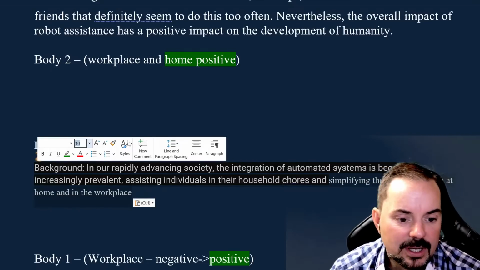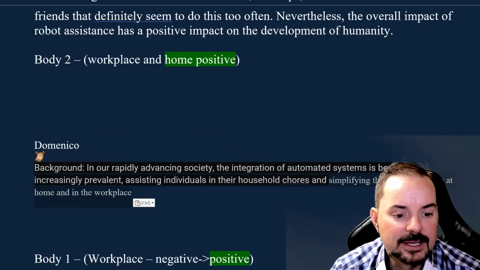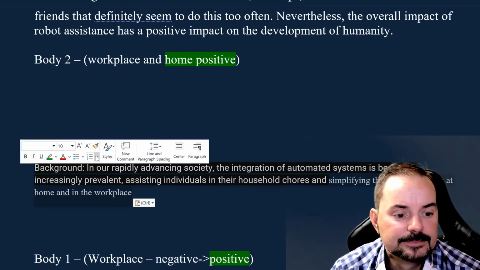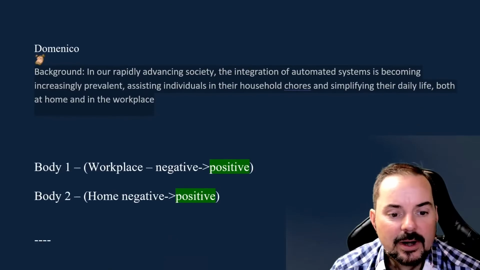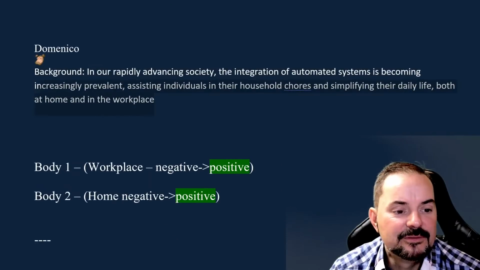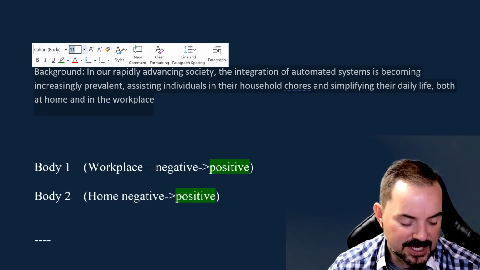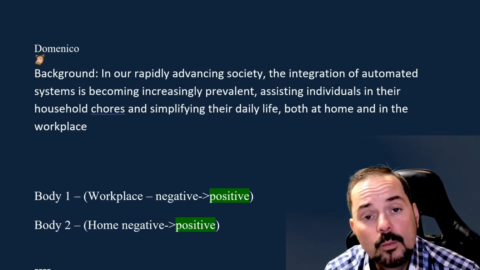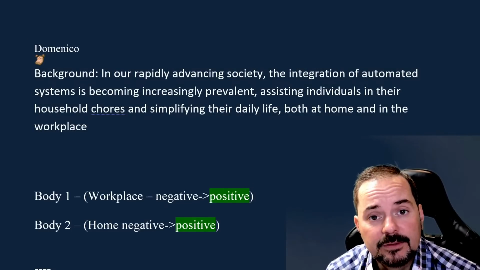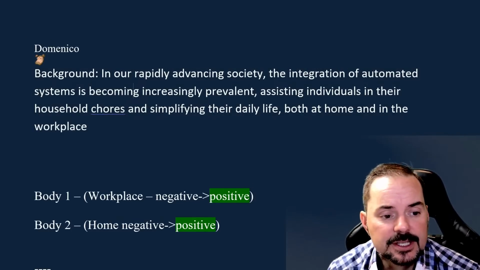Okay, so let me clean this up a bit. All right, Domenico, let me fix this a little bit. You've got a little bit of a mistake here. Let me show you what that is, okay? Pay attention to this, and at home when you're practicing, always review your essays so you can find these kinds of mistakes.